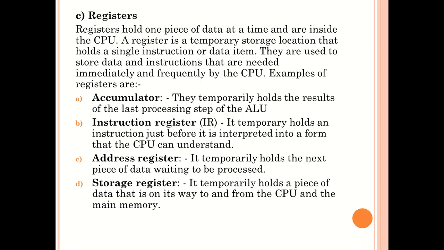Then we have the storage register. It temporarily holds a piece of data that is on its way to and from the CPU and the main memory. So data on its way out of or into the CPU is held in the storage register.